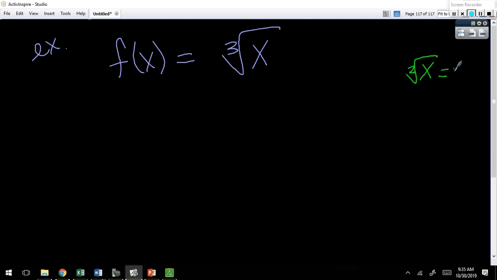I could rewrite this as x to the 1/2. If I had the 5th root of x to the 3rd power, I could rewrite that as x to the 3/5. Okay, you remember it?